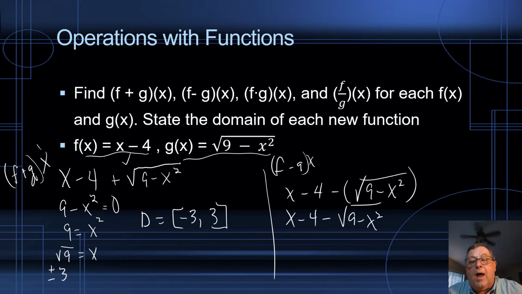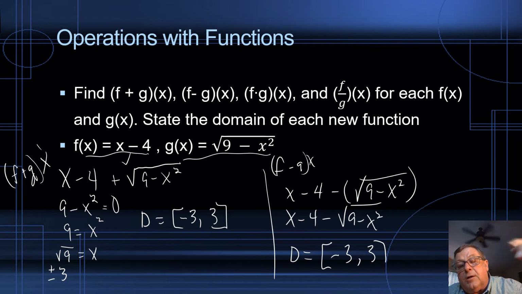And I can't get too high with the value of x, because if I do, I'm going to end up with a negative number, and I can't get too low with x, because since a negative squared is going to be a positive, I've got the same issue. So my domain is the same as what it was, in interval notation: it's got to be between negative 3 and 3, and it can include negative 3 and 3.